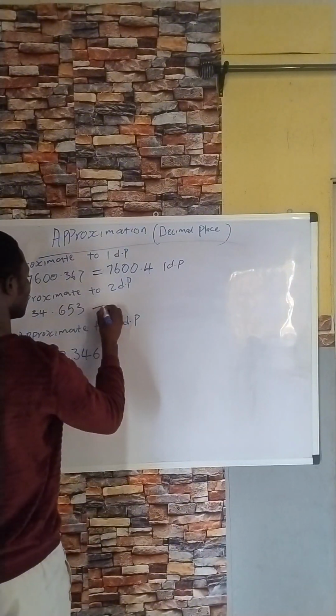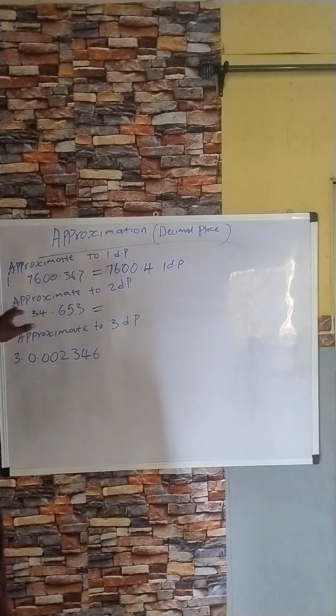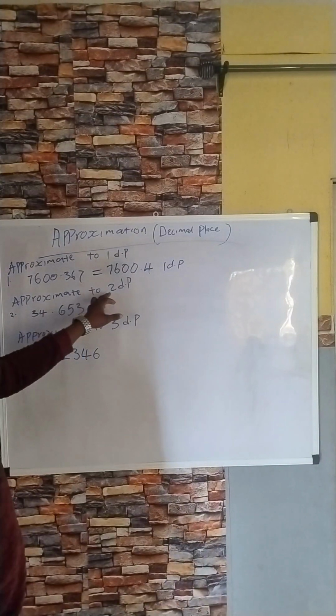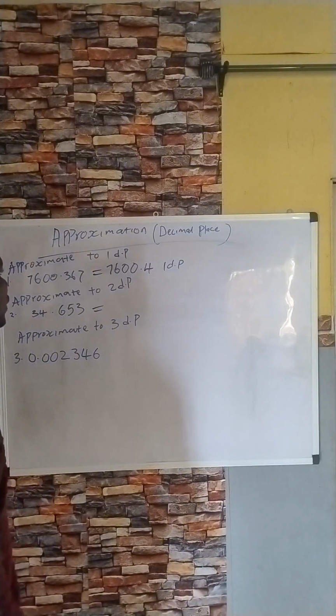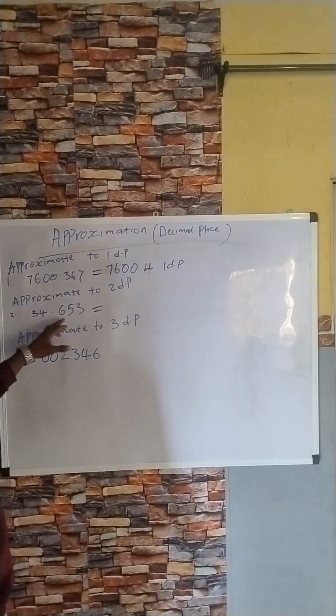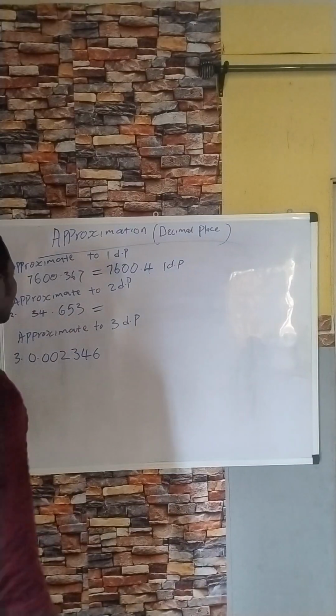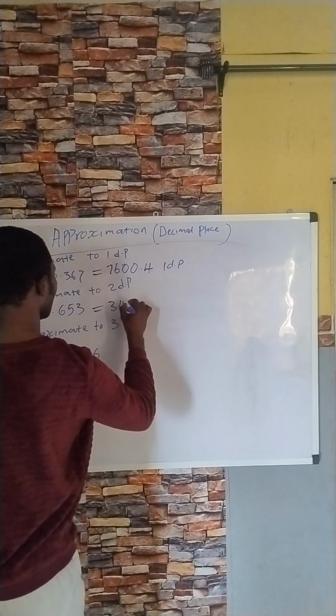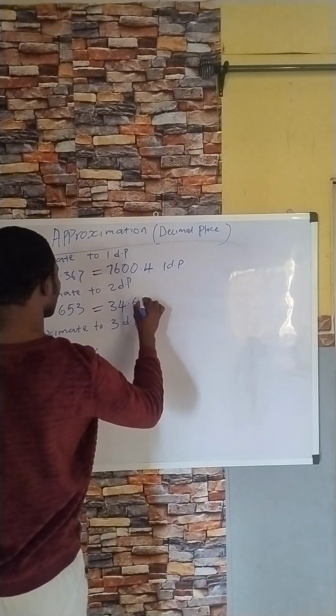Let's move on to the second one. 34.653. The question is approximate to 2 decimal place. 2 decimal place is 2 numbers after the decimal. So you get 34.65.